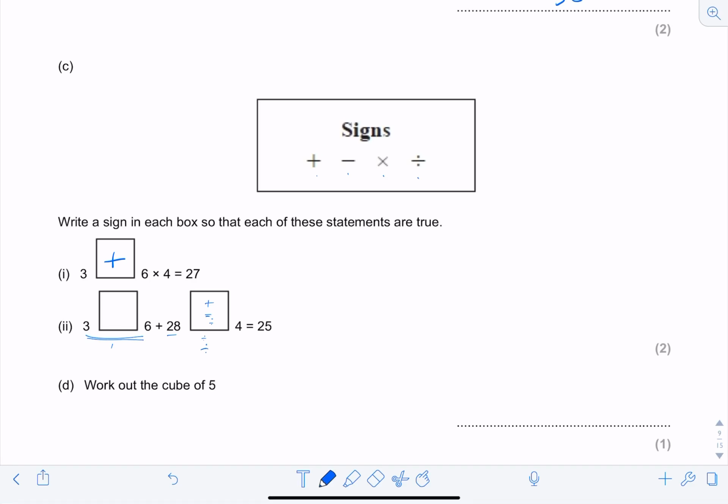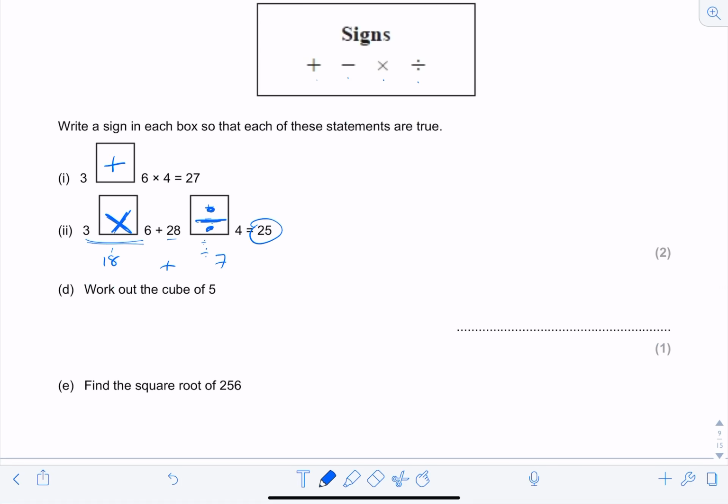That's how I would do it. Okay, so divide by 4 is 7. Aha. 7, 3 times 6 is 18, plus 7 equals 25. Okay, so those are my answers. Times and divide, just through trial and error.